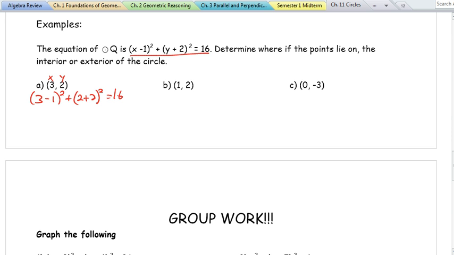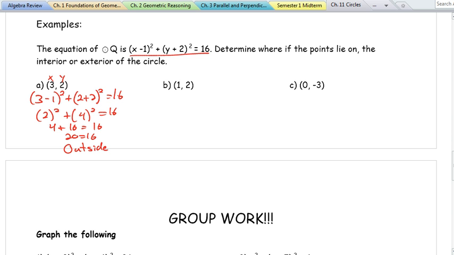Again, I'm just plugging in my x and the y and seeing if it's going to be, or compare it to that radius. So we have 2 squared, keep it in parentheses, plus 4 squared equals 16, or 4 plus 16 equals 16. So that point, the distance between the point and the radius is bigger than the radius, so that would mean it's outside the circle.